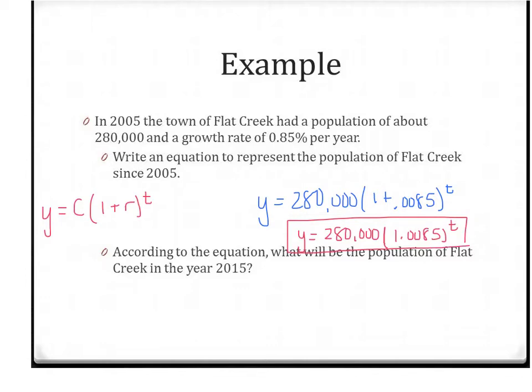Using our equation, what will be the population in 2015? Well, how many years after 2005 is that? It's 10 years. So we're going to take our equation and we're going to put in a 10 for our t, and we're going to type this into the calculator now.